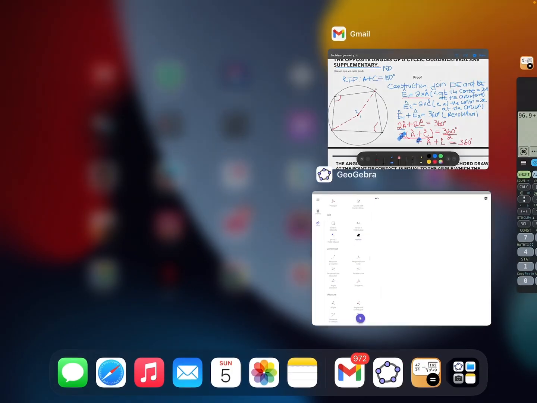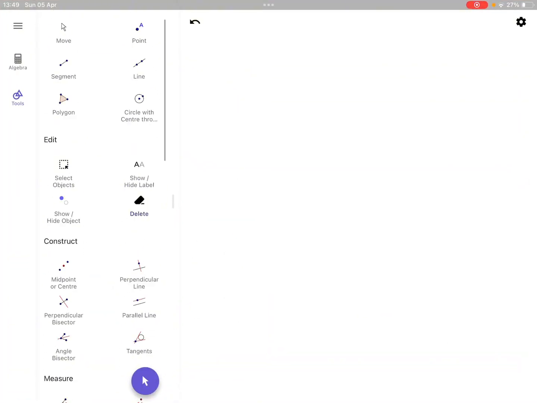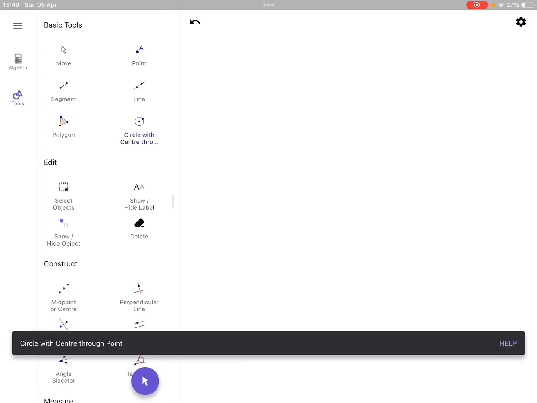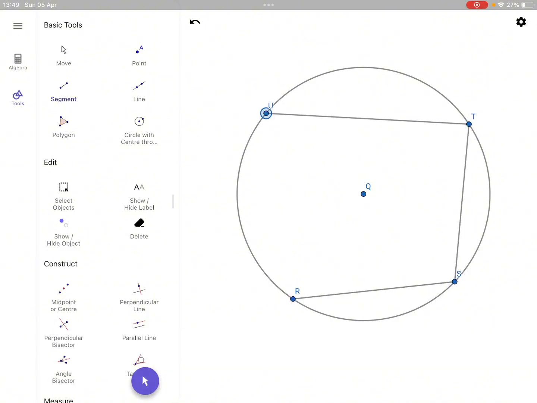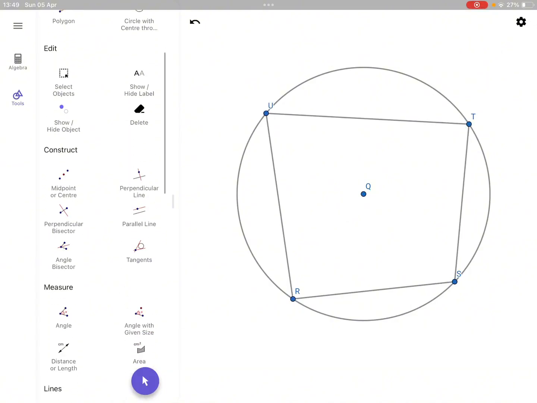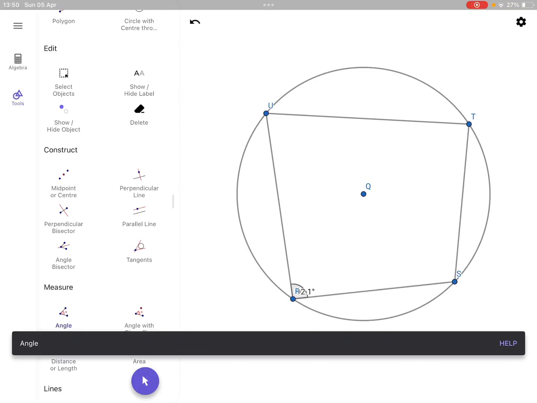Let's take a look at GeoGebra and see if what the theorem says is true. Okay, let's see. This is our cyclic quad. It says the opposite angles of a cyclic quad are supplementary.